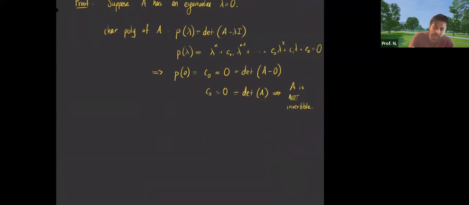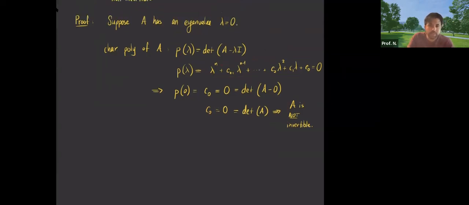So do you see the other way around? If the determinant here was non-zero, this would have to force C0 not to be 0. If C0 is not 0, then this characteristic polynomial can never have lambda equaling 0 as a root. So that forces the contrapositive of the statement to be true. If A is invertible, then the eigenvalues have to be non-zero. So that's the rationale behind it.